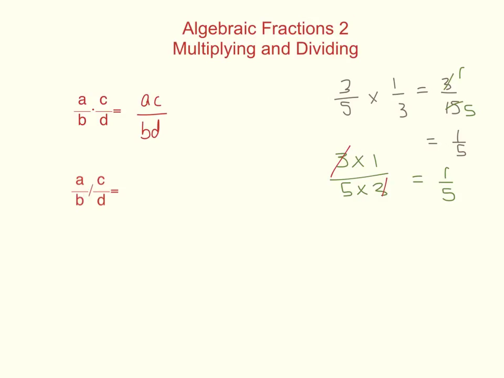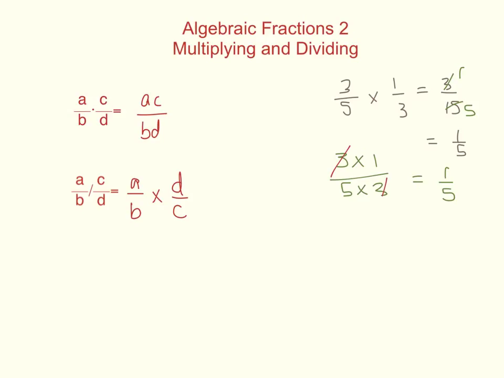This little slash here tells you that I'm actually dividing 2 fractions. Now, in the maths world, we don't like dividing fractions. So what we do is we change it to multiply. And how we do that is by saying that A over B is multiplying by the reciprocal of C over D. So this becomes D over C. So remember, whenever you change that divide to multiply, which you probably should know about anyway from a long time of doing fractions, all you need to do is flip this over, put the D on top, put the C at the bottom.